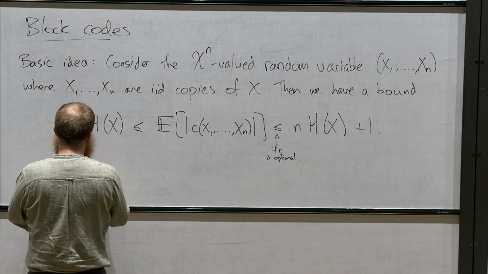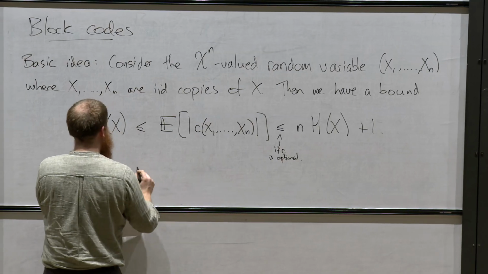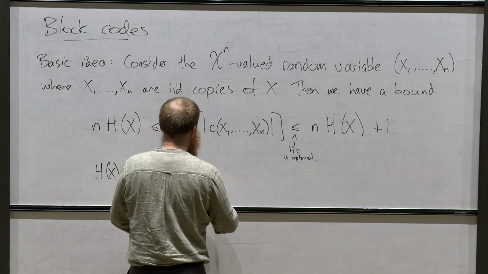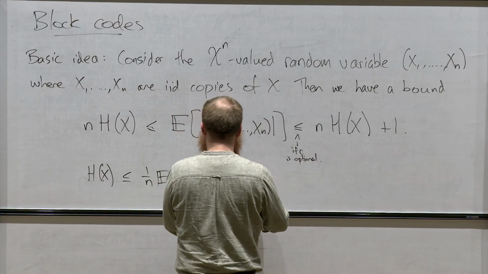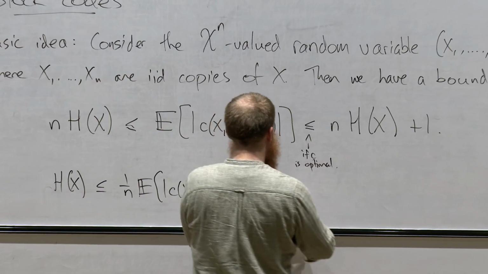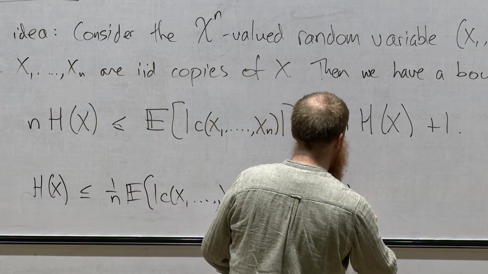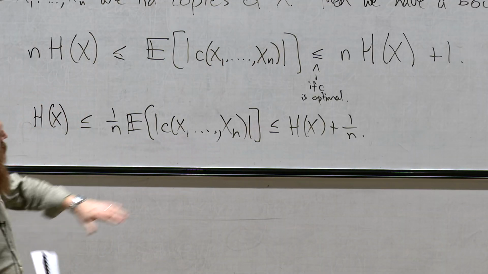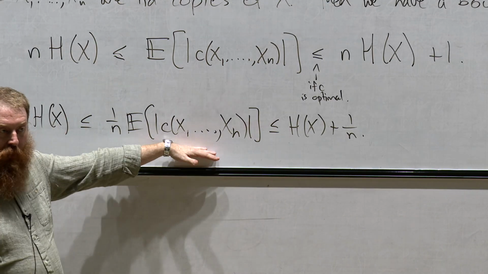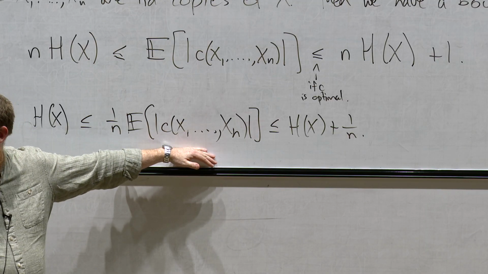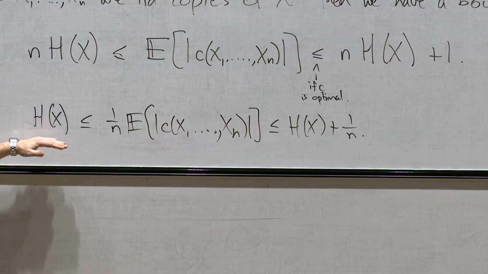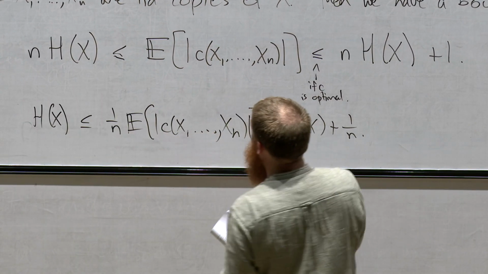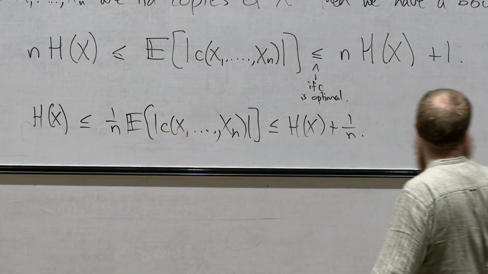So we get H(X) is less than or equal to 1 over n times the expected length, which is less than or equal to H(X) plus 1 over n, and this sandwiches out as n goes to infinity. So if I can find an optimal code for a block, then I'm feeling pretty good because I'm getting arbitrarily close to that theoretical lower bound, at least on the per symbol code word length.